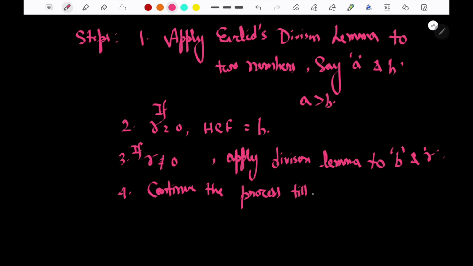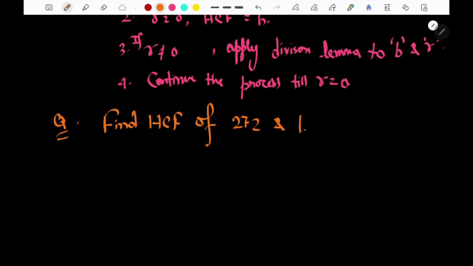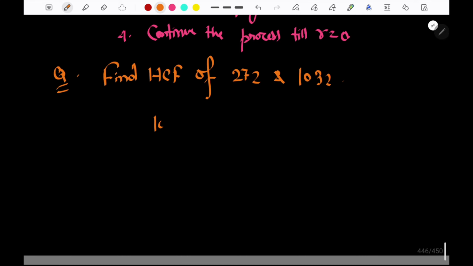For example, find HCF of 272 and 1032. How do we do this? We have 1032 and 272. We start dividing.